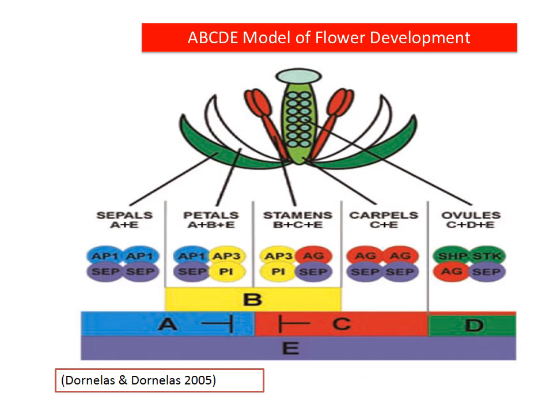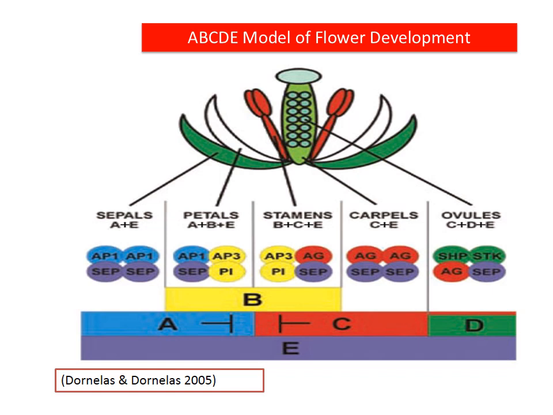For petals to develop, A, that is AP1, AP2, then B, that is AP3 and Pistillata, then the E gene. E gene means SEP genes. This is a complex which is responsible for production of petals.